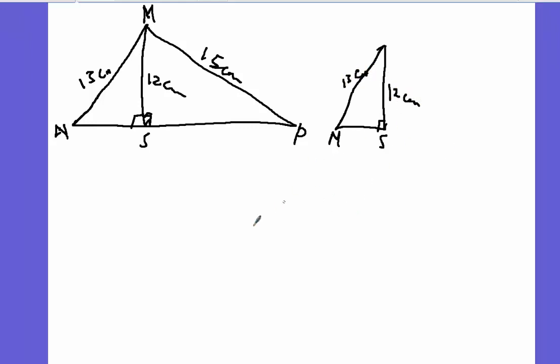Of course, you are going to look for NS. So NS squared is equal to 13 squared minus 12 squared. That is under the Pythagoras theorem. Of course, the hypotenuse minus either the adjacent or the opposite of the triangle. Therefore, is equal to 169 minus 144.